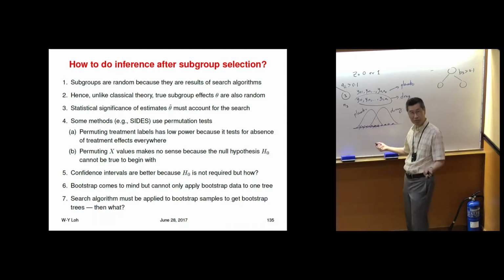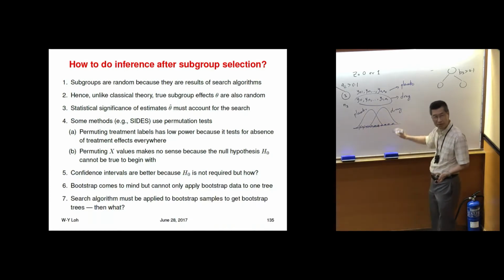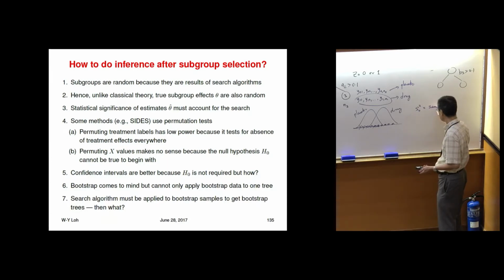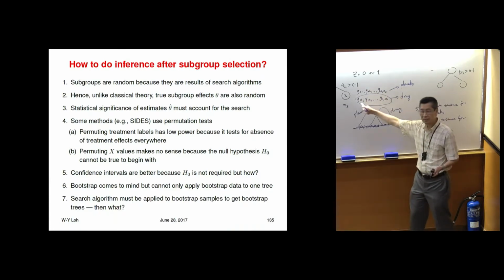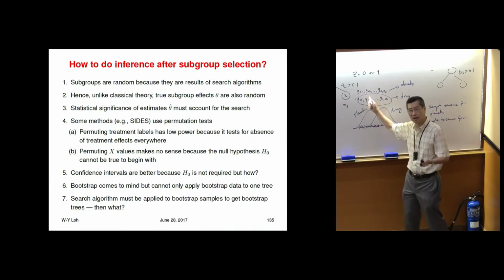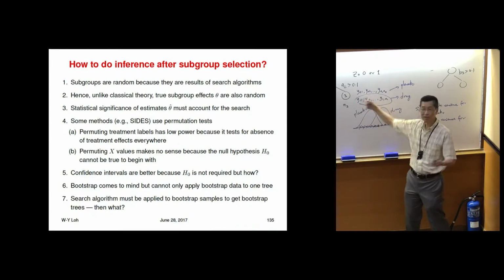You do two-sample t-test, right? You estimate the variance for the placebo. You estimate the variance for the drug, right? So S0 squared is sample variance for placebo, and S1 squared is sample variance for drug, right? The usual formula for sample variance: find the mean, take the difference between each and the mean, square, sum, divided by n0 minus 1, right?